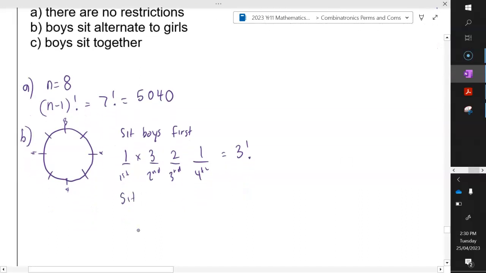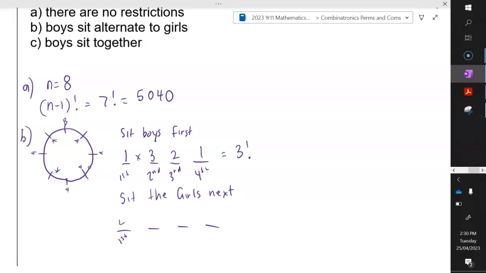Then we're going to sit the girls. Now this is where it's a little bit different. Now we're not fixing the position of the girls because we've already got seats in there. They don't need to fix their first position. So the first girl has got, and we'll call these the girls' ones in here, 2, 3, 4.